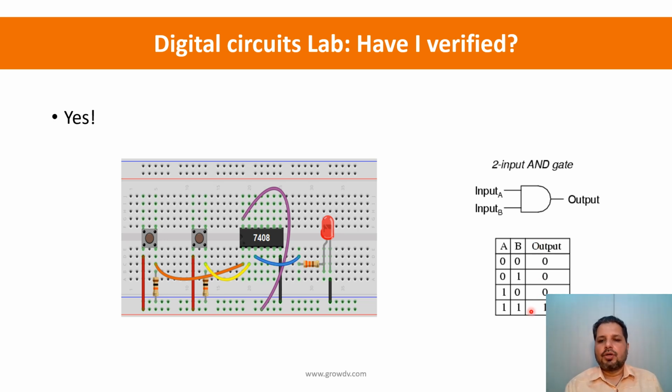You provide those inputs to your design and check whether the output matches the expectation. So this is the process of verification: you provide certain stimulus and check that it matches the requirements.